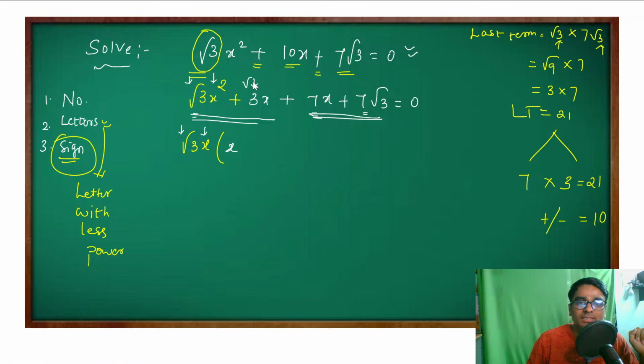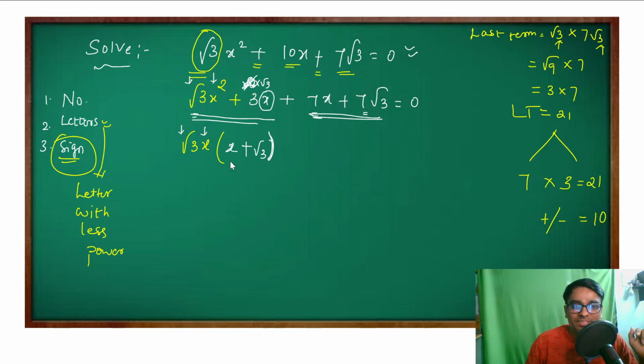I mean to say 3 can be written as root 3 into root 3. One root 3 has gone out, so one root 3 is still remaining. Now what about x? x is out already, so he cannot be inside.